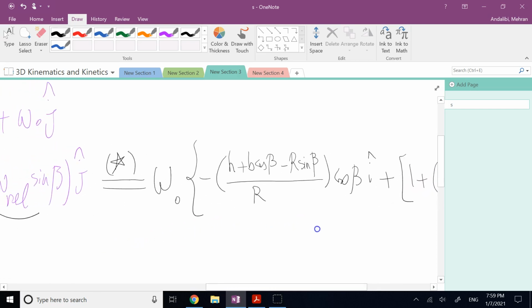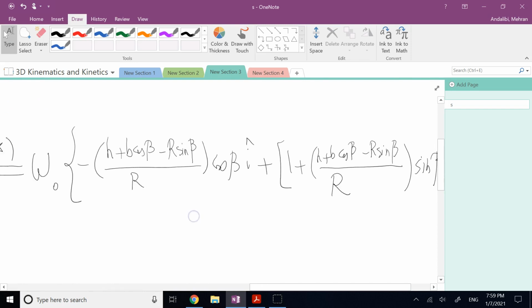Okay, so this is going to be omega of the disk with respect to ground, right?